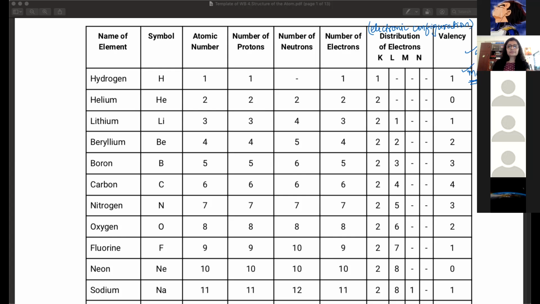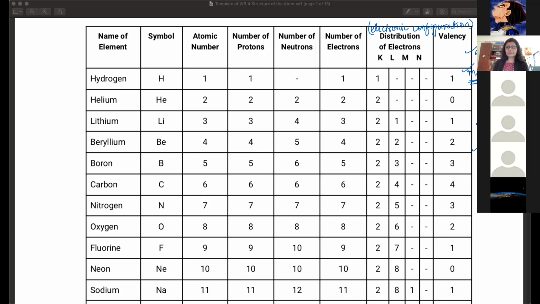Ma'am, so mass number plus atomic number is equal to neutrons? No. No, ma'am. Sorry, I'm confused. See, atomic number Z is equal to number of protons. Mass number A is equal to protons plus neutrons. If you know Z and A, how will you calculate N?